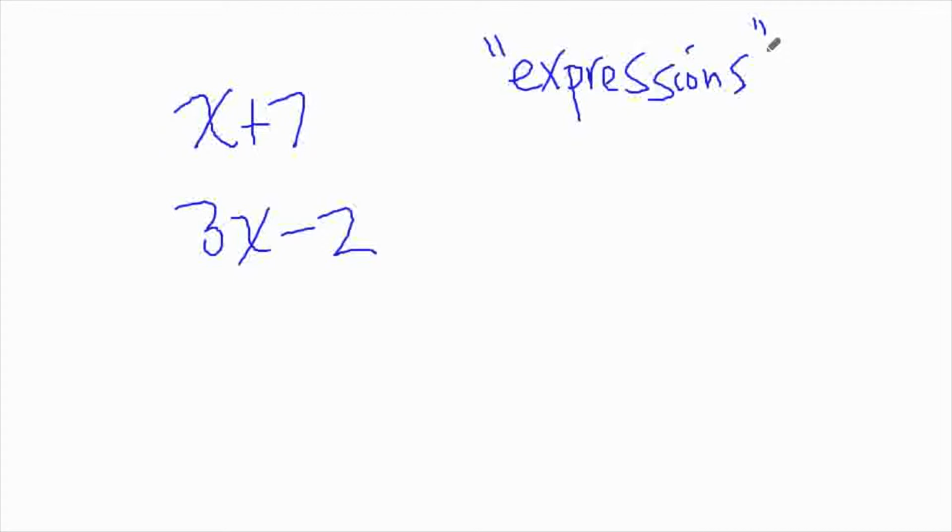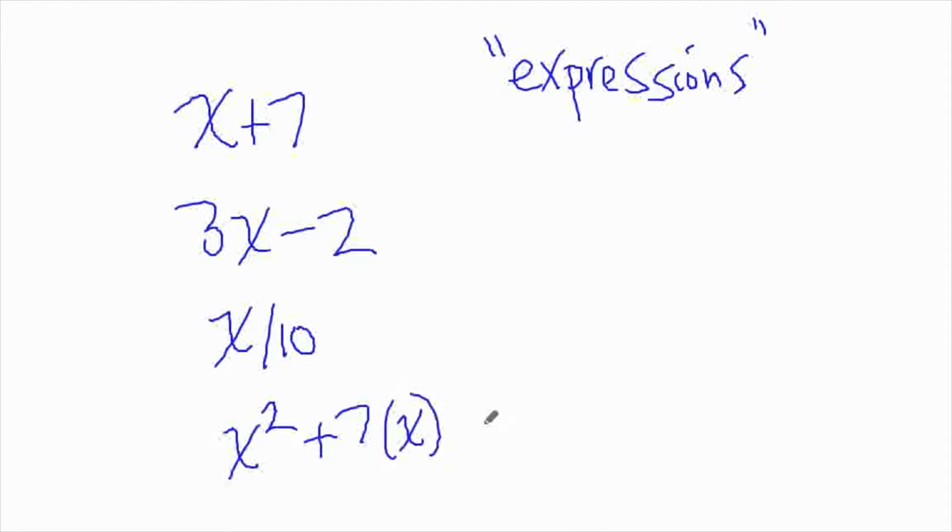All right, all that together makes expressions. You can divide. You can really do anything. You can do exponents, and you can do multiplication and subtraction. So you get the idea. Okay, division.